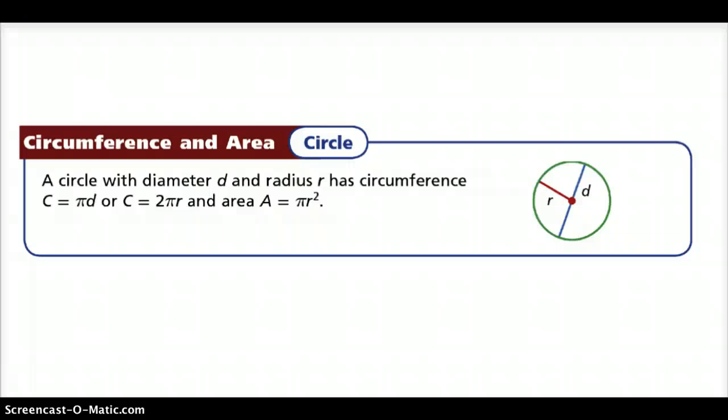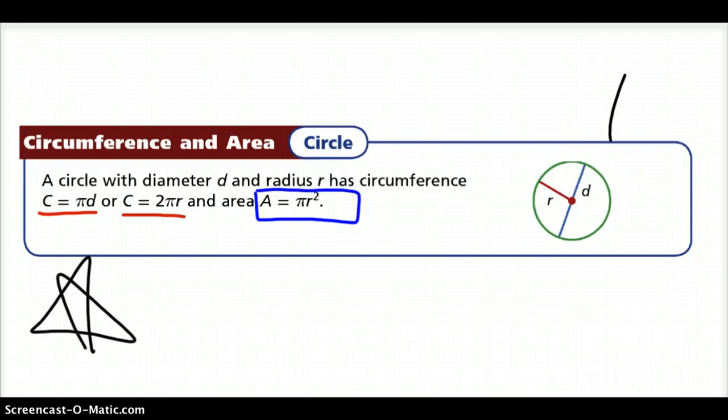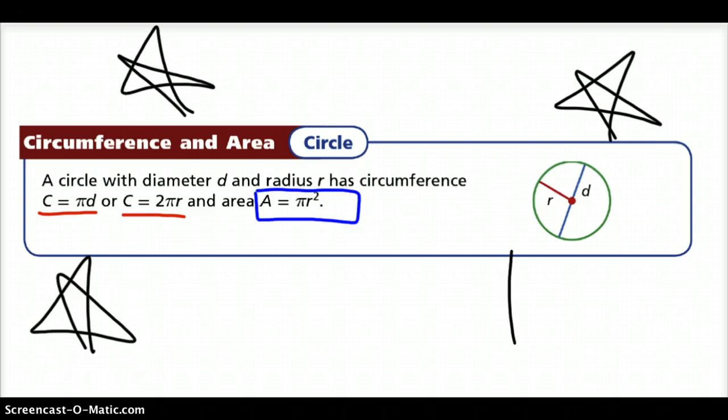So for the circumference and the area of a circle, remember that there are 2 formulas for the circumference of a circle, pi times diameter, or 2 times pi times radius. And the formula for area of a circle, which we just found, is pi times radius squared. So put these in your notes, right? Put a star around these formulas because we will need these formulas, and we will need them either memorized or you'll need to be able to derive them.